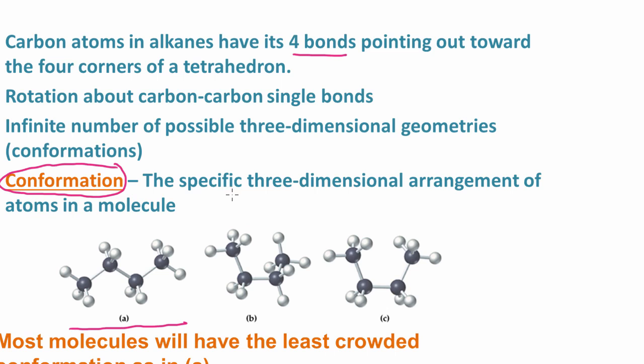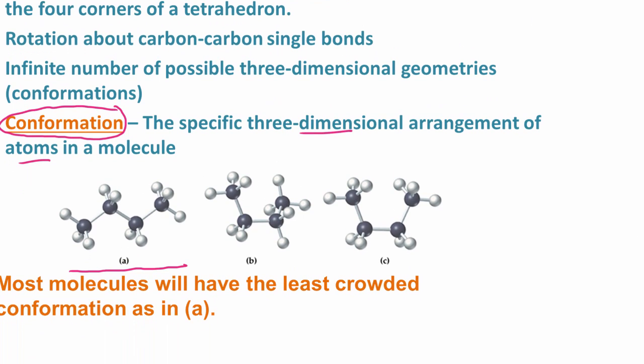And a conformation is the specific three-dimensional arrangement of atoms in a molecule. So we could go into this much further, and I think your book might, but all you need to know is that most molecules are going to have the least crowded conformation.